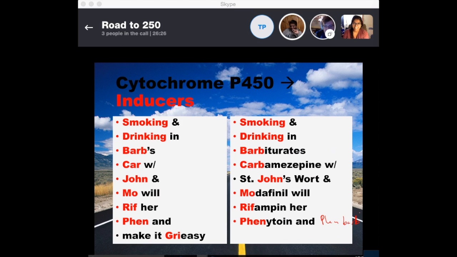There you go. And then you already said griseofulvin, and there are also nevirapine. So this isn't a complete list, but this is a good one to get you started as far as knowing a few of them.